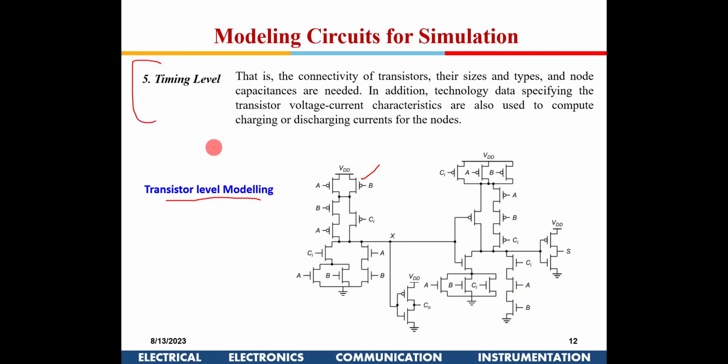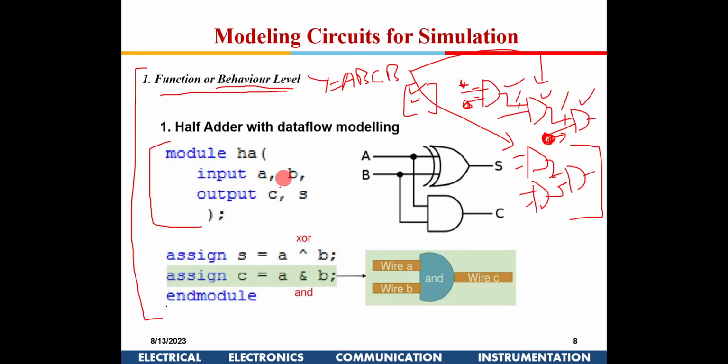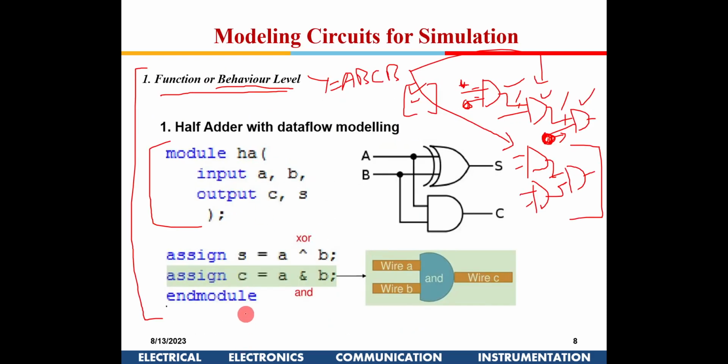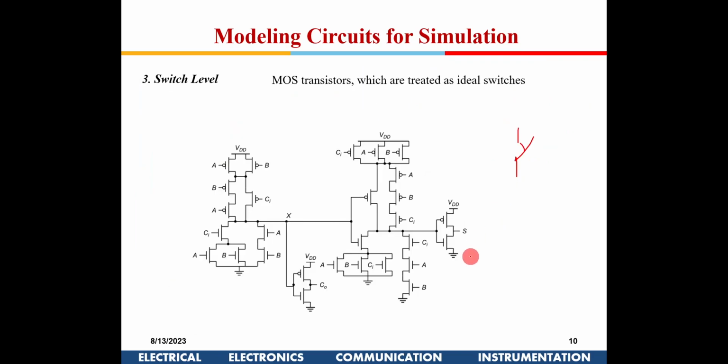So as we move from the top to bottom, the amount of time taken for logic verification will increase. If I use this model, the time required will increase. Here it will do a quick simulation, but this will take the timing aspect into consideration also. So I would rather start first here and see whether the output is available or not, and then slowly move down and try to find the issues.